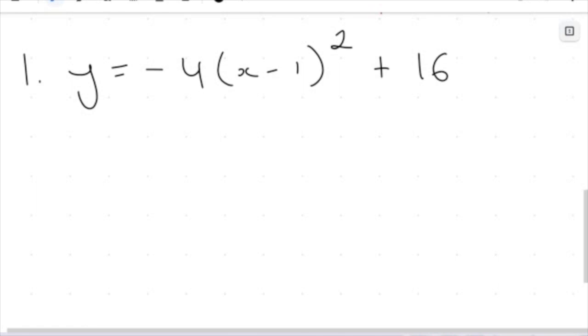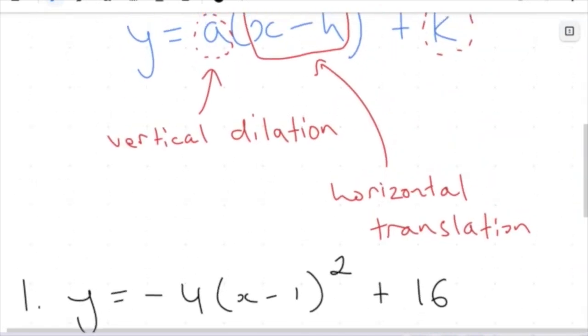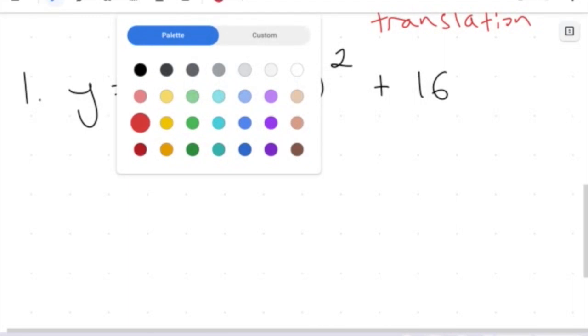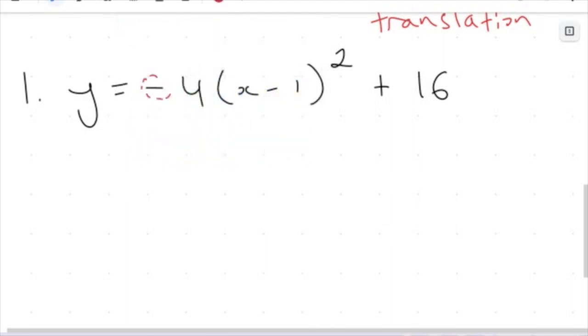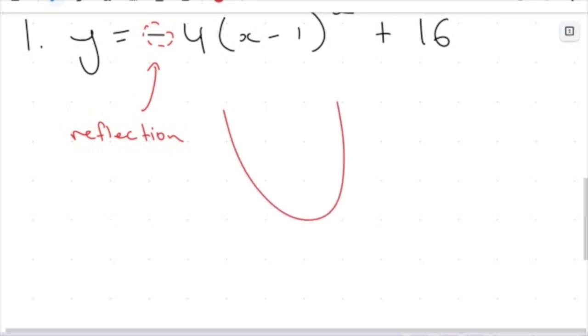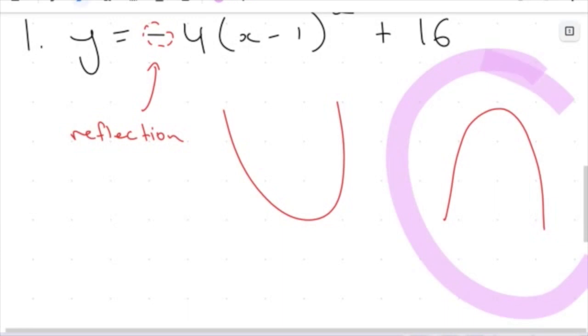Now, my minus 4, we have a vertical dilation. So this is going to get a little bit steeper, but this particular negative tells me this is a reflection. This tells me whether the parabola is concave up or concave down. Now, since this number is negative, our parabola, from what we remember in last year's content, is going to be concave down.